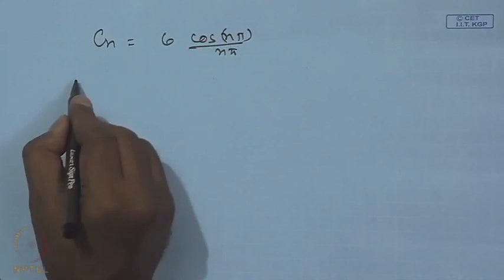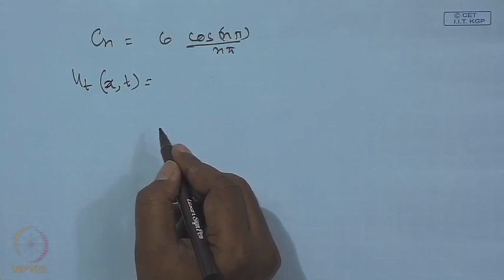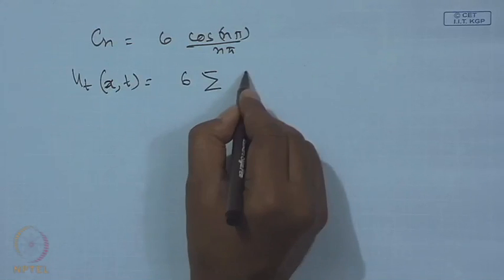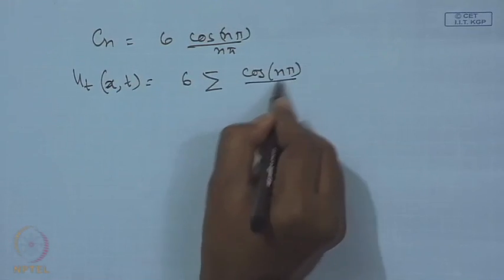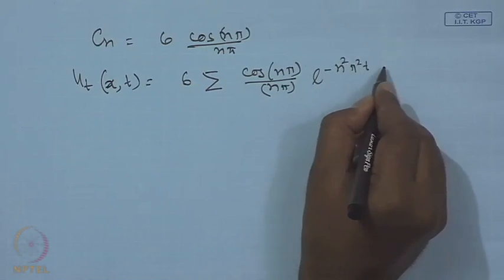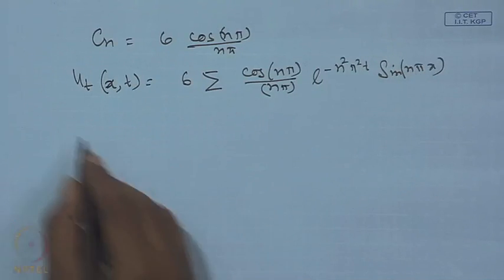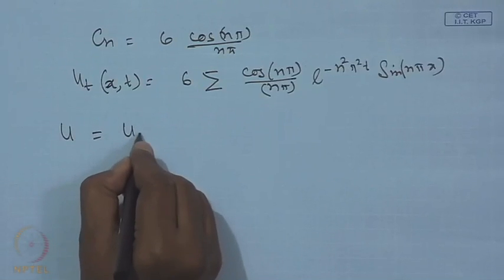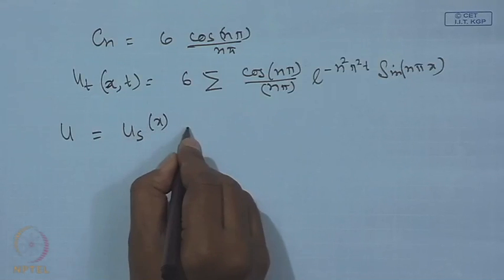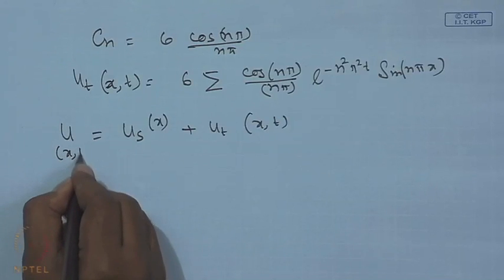So, therefore, u_t as a function of x and t becomes 6 summation cosine n pi divided by n pi e to the power minus n square pi square t sin n pi x. So, the complete solution of this problem can be constructed by linear superposition of both the solutions, u_s as a function of x and u_t as a function of x and t.